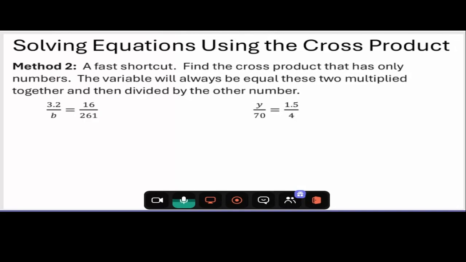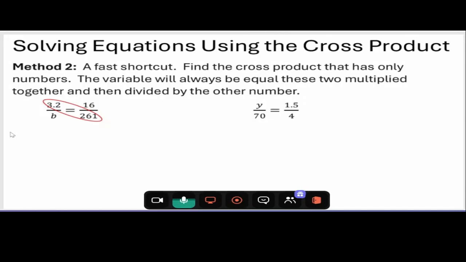So if we look at a couple new examples here, we have two new questions we're going to try. Identify the cross product that doesn't have any variables. In this case, it's 3.2 times 261, right? Because this cross product has a b.